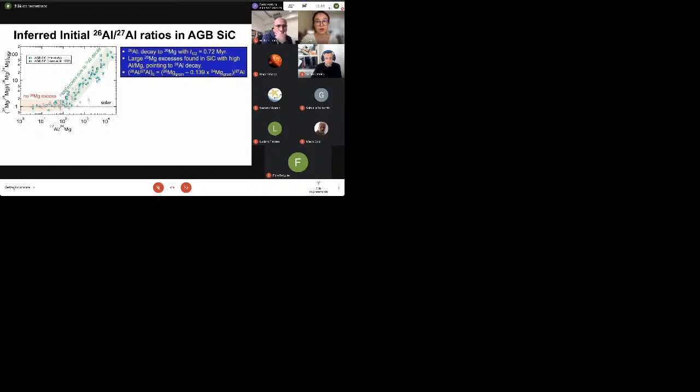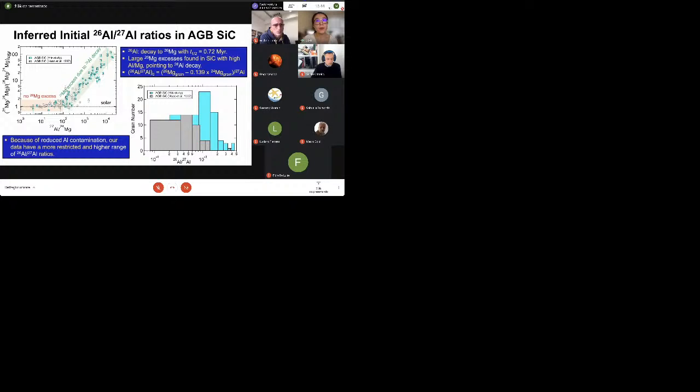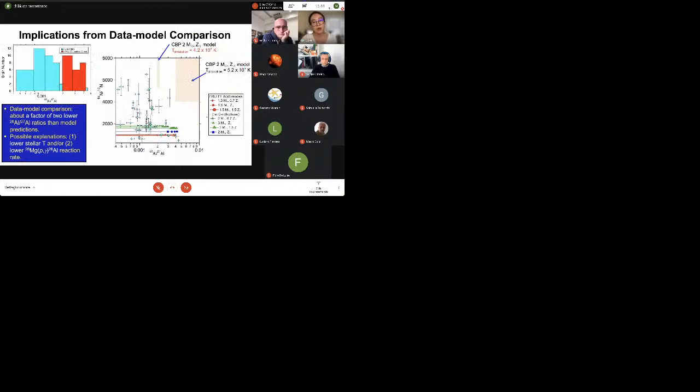And finally, we can compare the literature data with the new data for their derived aluminum-26 ratios by using this histogram. And we see a factor of 2 increase in the derived aluminum-26 ratio in our study because of the suppressed aluminum contamination, as I showed in the previous ion images.